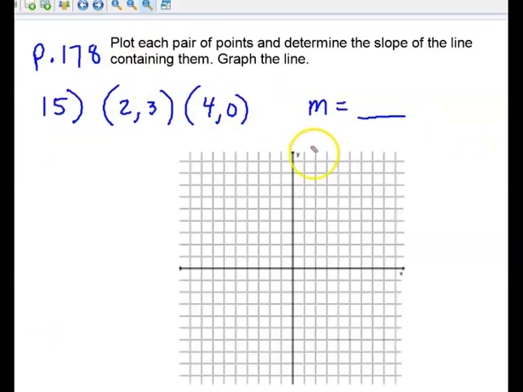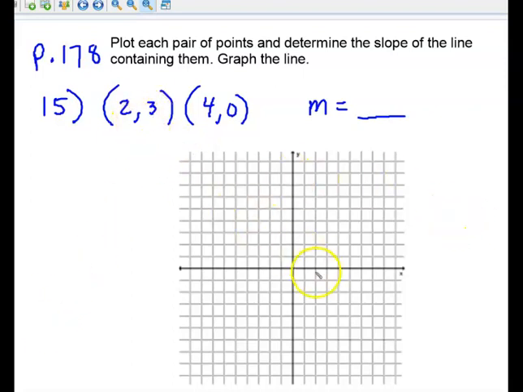All right, so for the first couple of problems, these are your instructions. You'll be plotting the points that are given, determining the slope of the line that contains them, and then sketching the graph. So you have two ways of coming up with slope.